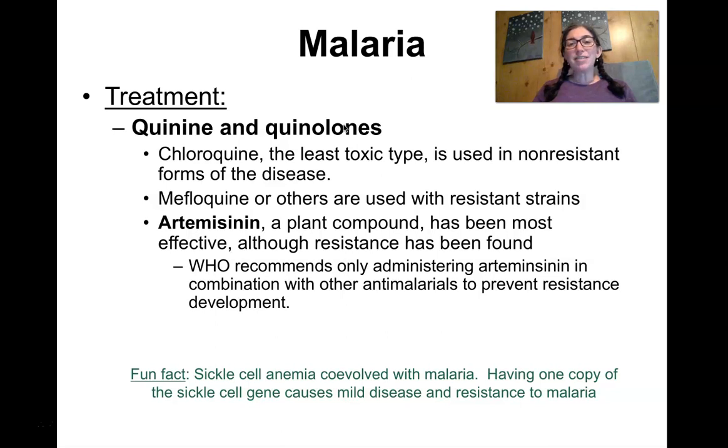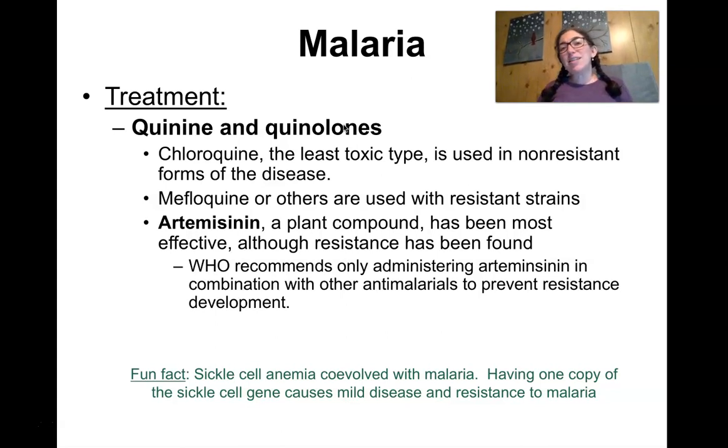And so the sickle cell trait is more common in people who have ancestry in malaria endemic regions, so South America, Africa, Southeast Asia. These are all populations of people that have a higher risk of sickle cell anemia, because it's actually adaptive for their ancestors to have that trait.